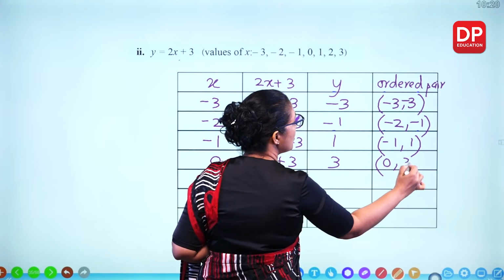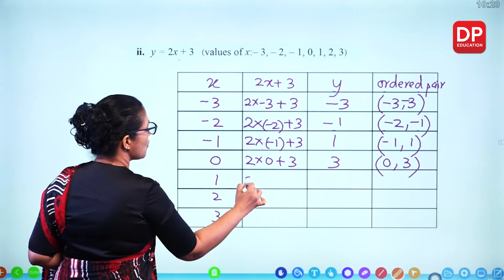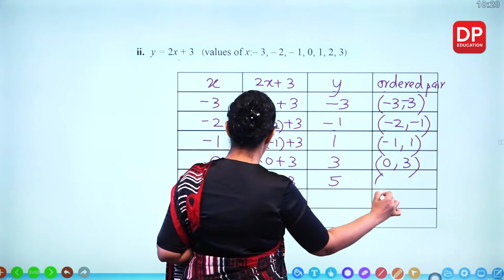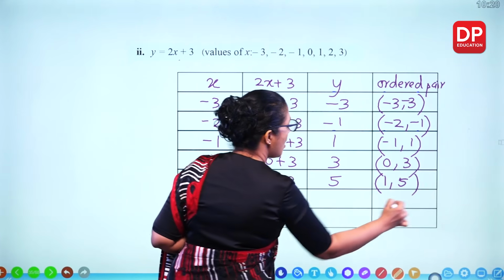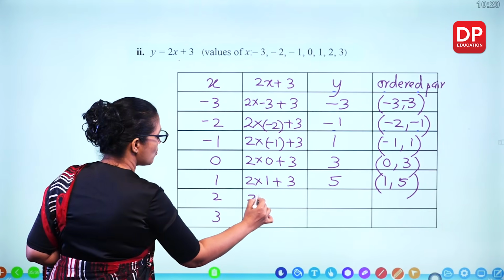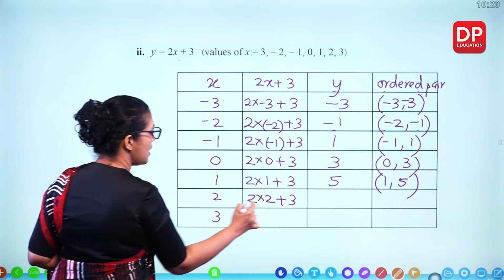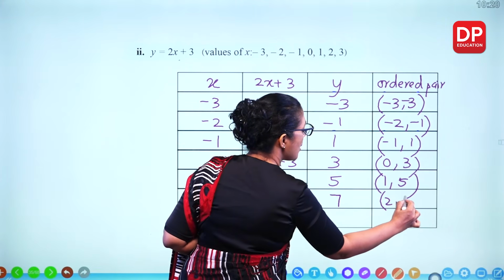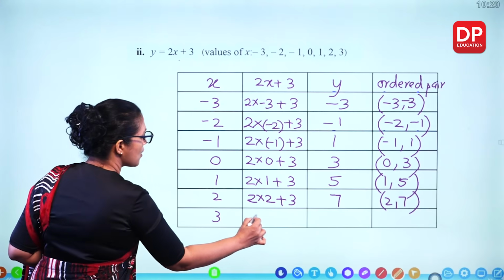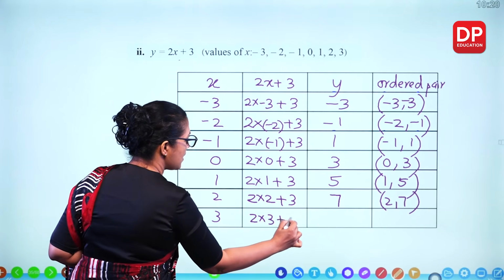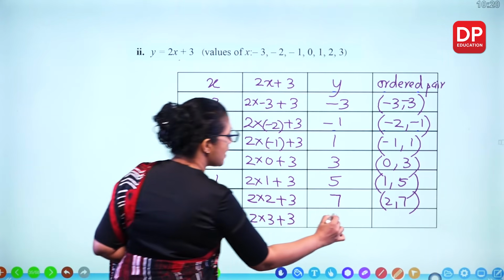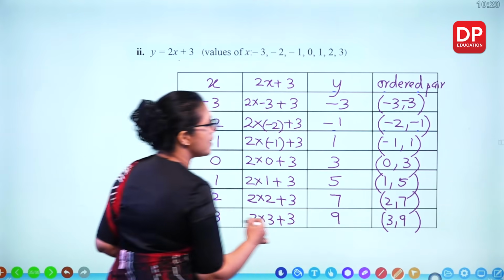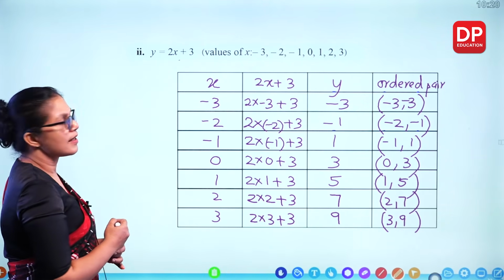So 0, 3. 2 times 1 plus 3, you get 5, 1, 5. 2 times 2 plus 3, 4 plus 3, 7. 2, 7. 2 times 3 plus 3, 6 plus 3, 9. 3, 9. So that's the second one.